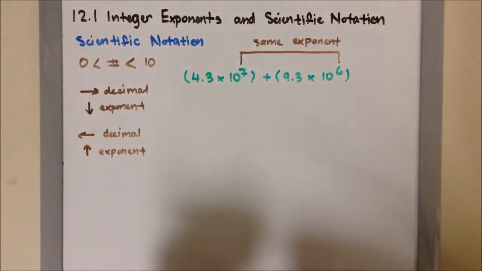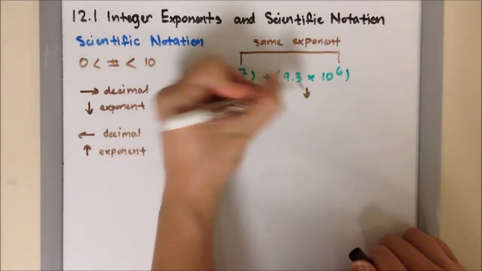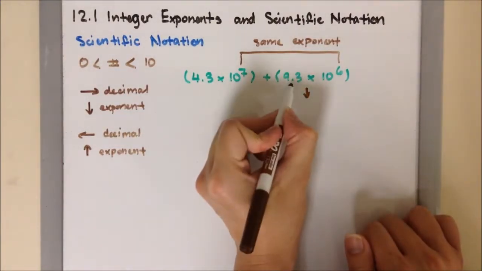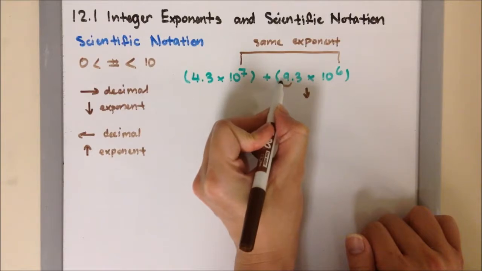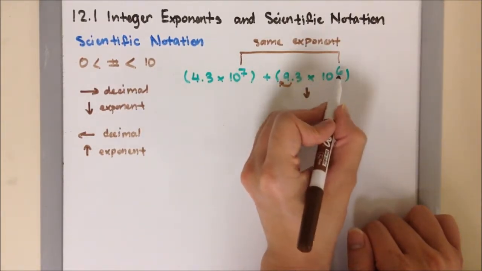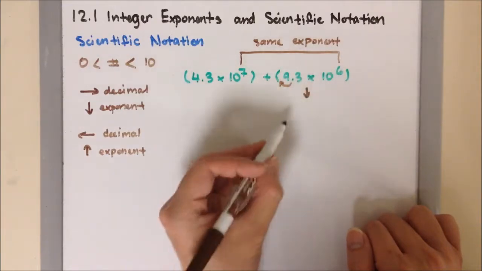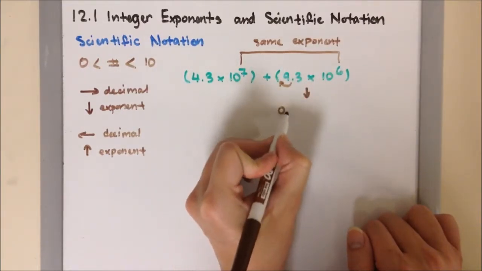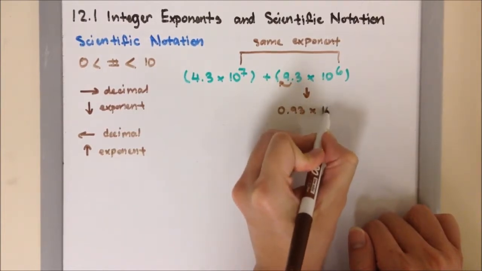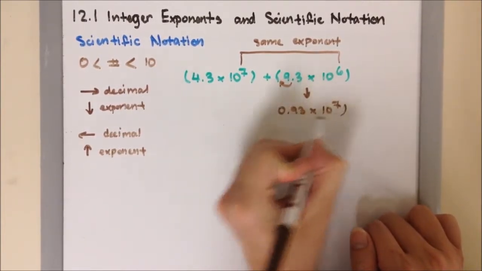So I'm going to change 9.3, moving my decimal one place to the left so that I can increase the exponent from 6 to 7. So this will be 0.93 times 10 to the 7th power.